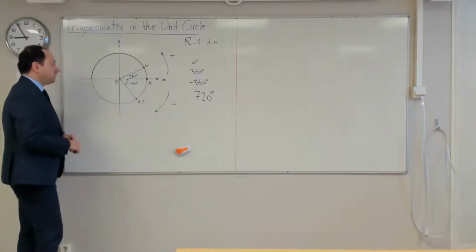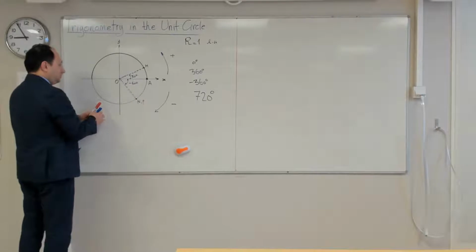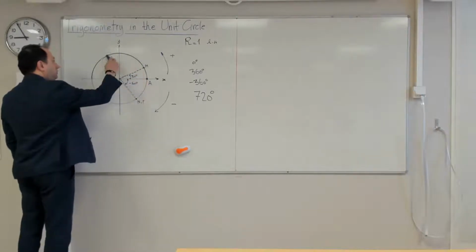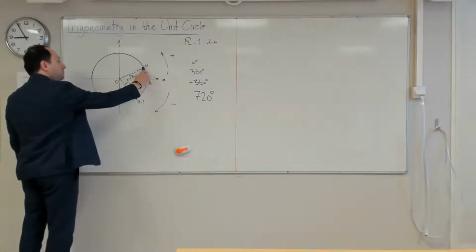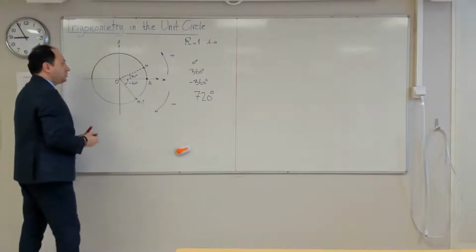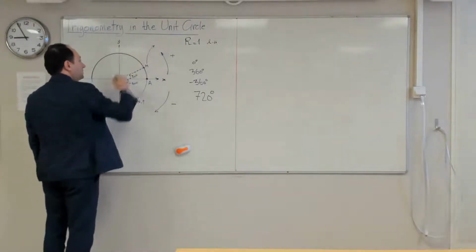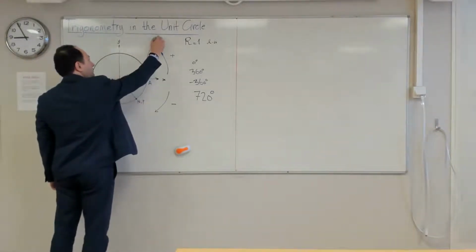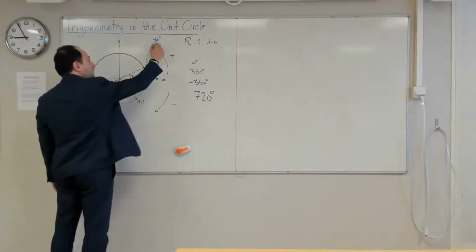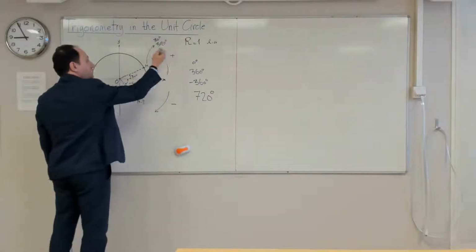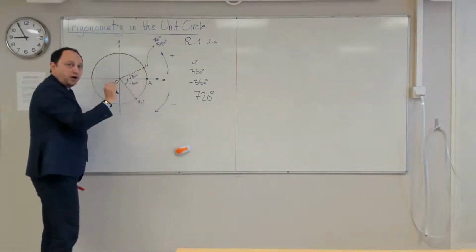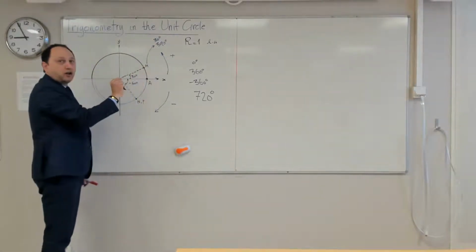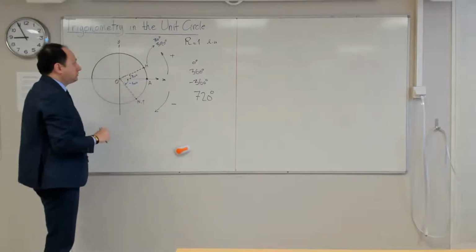390 degrees, thank you. So you start from here, you go one full round, it becomes 360. You go a little bit more, it becomes 390. So you see, for this point M, I can call it 30. I can even call it 390 degrees. This doesn't mean these angles are equal, no, but they correspond to the same final point on the unit circle.